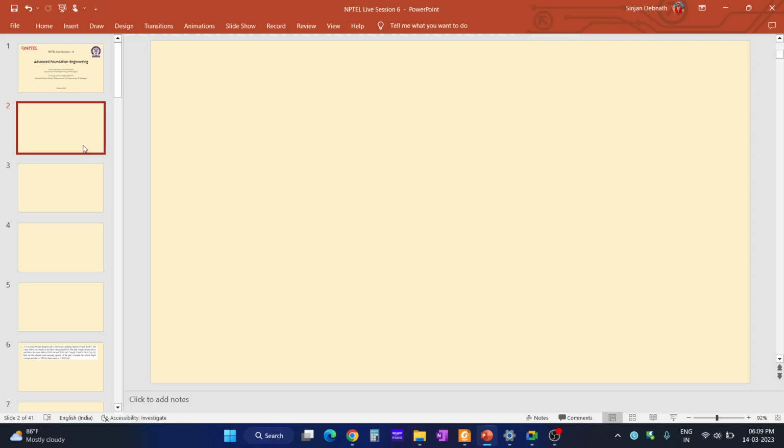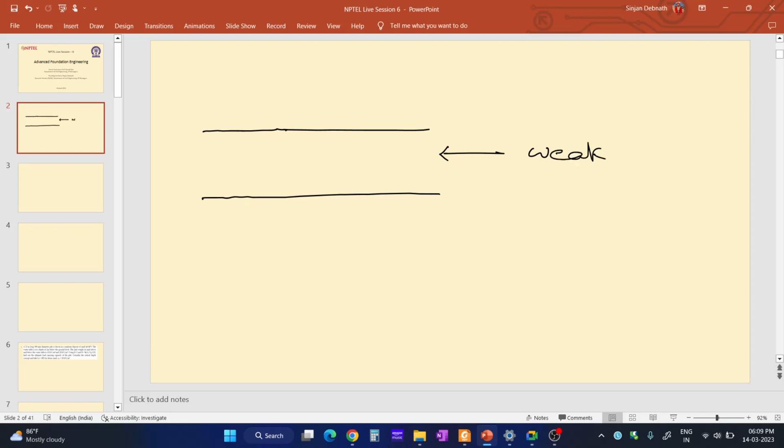Let me first draw that, and after that I will explain. Suppose you have a weak layer like this, a weak topsoil stratum, and you have high superstructural load coming from the structures.